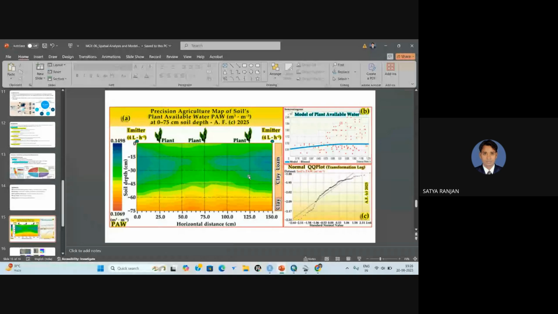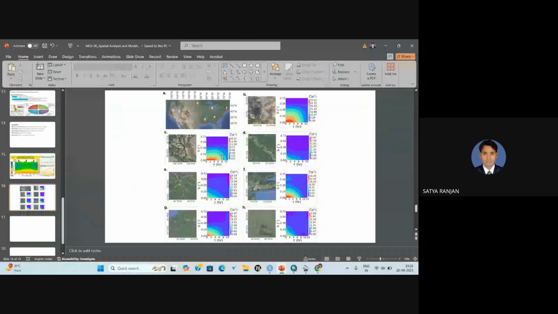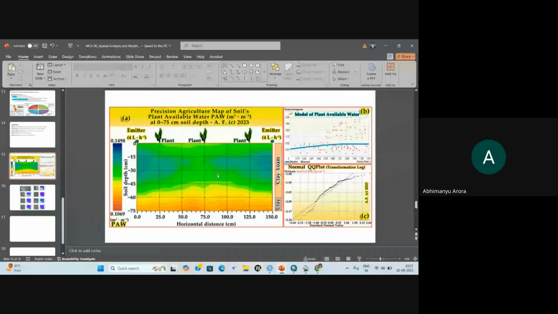And this is also one of the other applications Sir, like for in the temperature. previous slide, yeah, you said latitude, longitude information is used, but here I see only horizontal distance. Latitude, longitude, horizontal distance in centimeter.